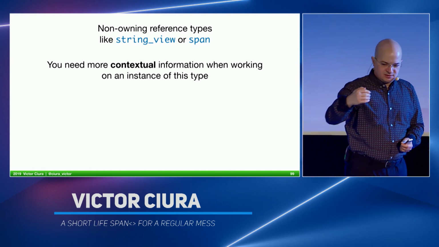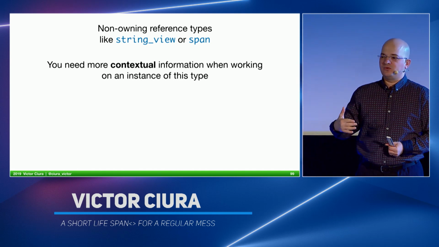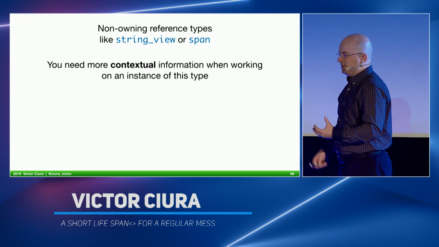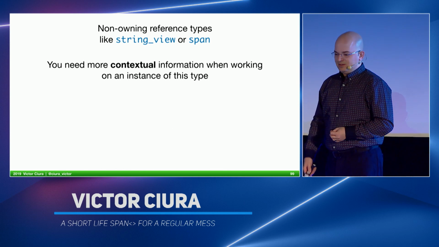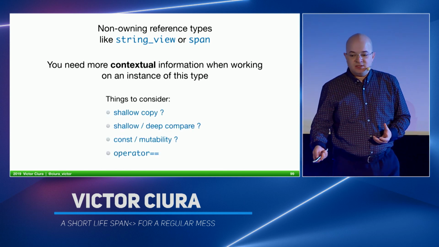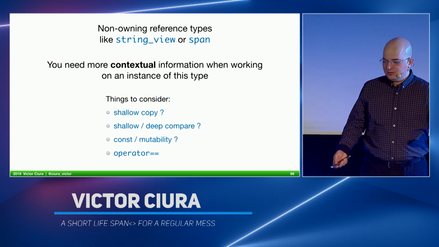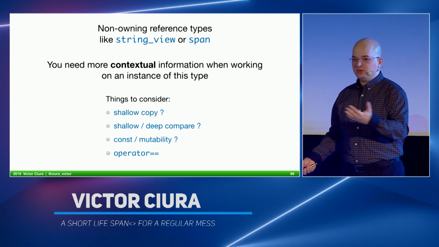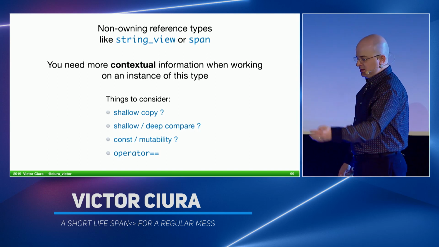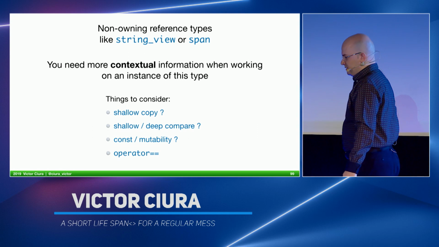You have to understand where the data comes from, what it's bound to, to understand the extent of these types, like string view and span. So things you need to consider: shallow copy, shallow deep compare, const mutability, equality operator, things we discussed and things we saw from the Tony Van Eerd paper.